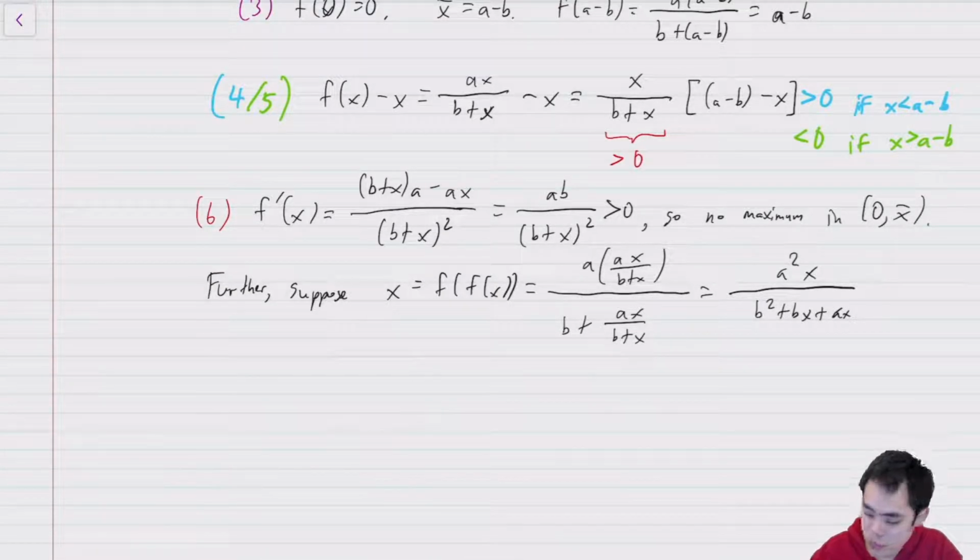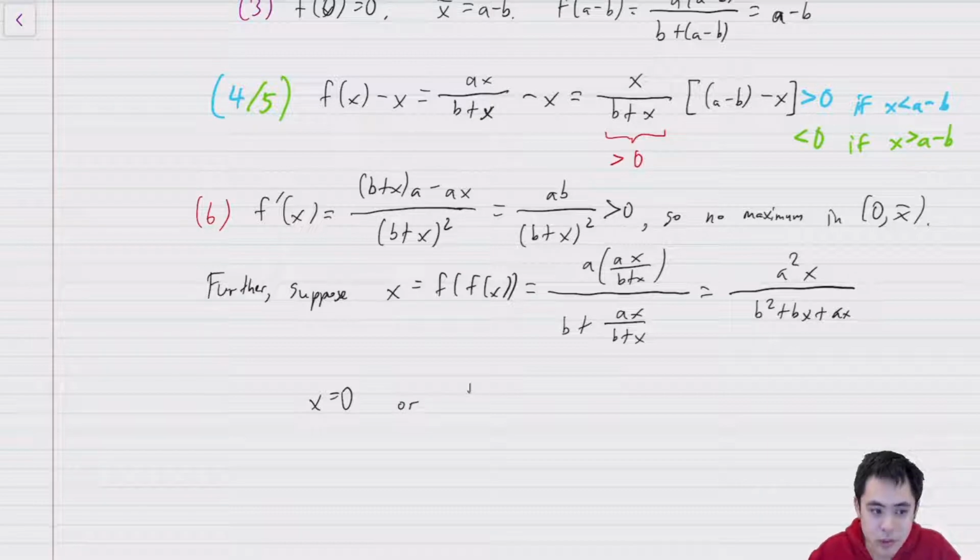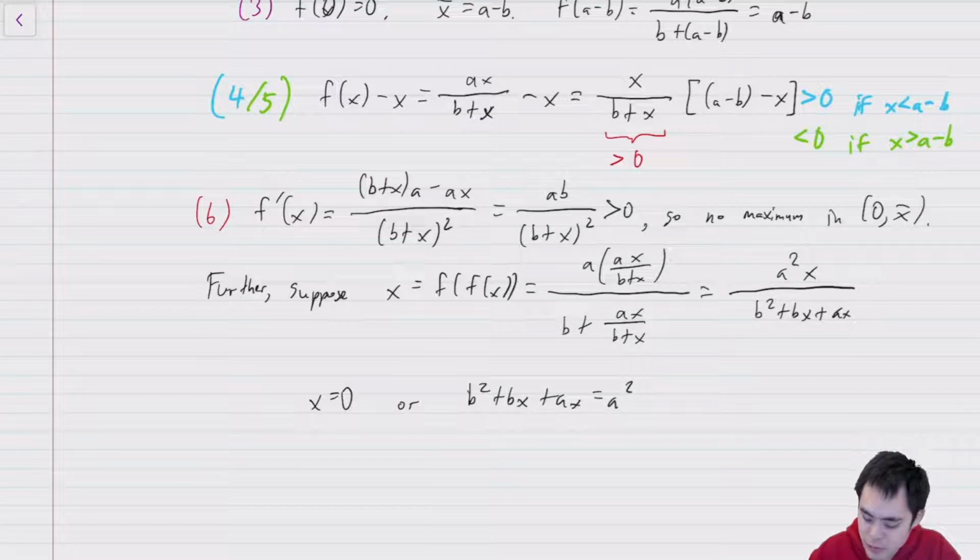So what can we conclude? We conclude that x is equal to 0, or b squared plus bx plus ax is equal to a squared. And so this is x times (a plus b) is equal to a squared minus b squared.